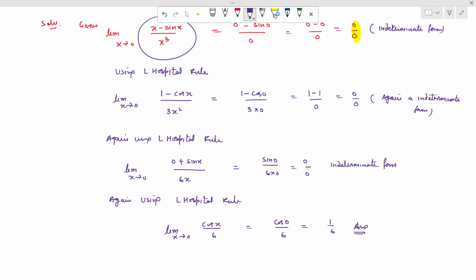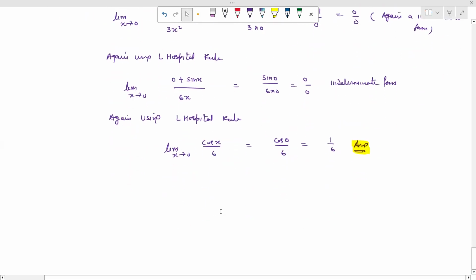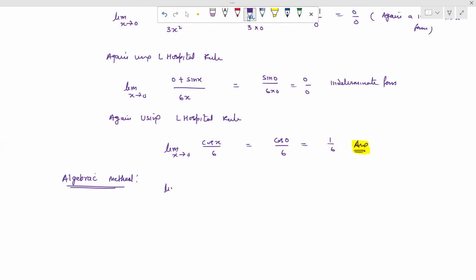This is a lengthy question, since we have applied the L'Hospital rule 3 times. Such types of problems we can also solve by using the algebraic method. So, the alternative method is the algebraic method. The same question we can solve by using the algebraic method: the limit x tends to 0, x minus sin x upon x cube.